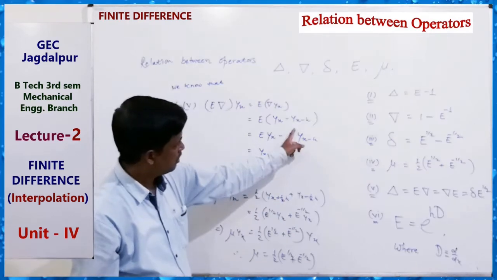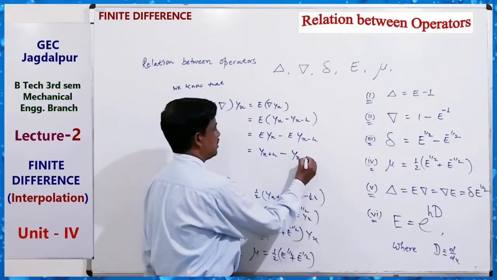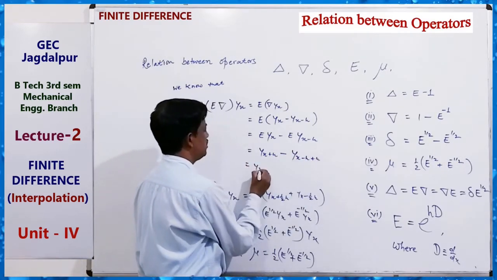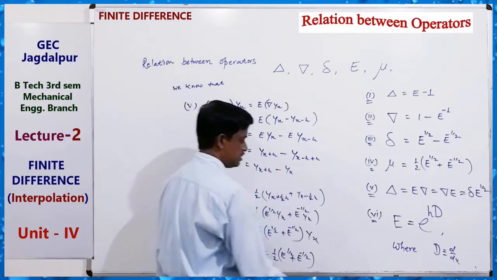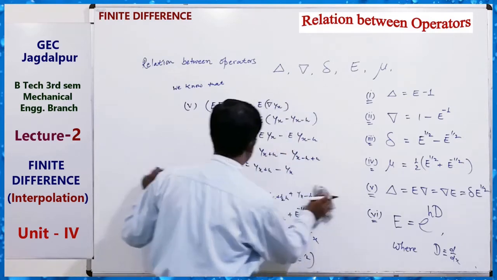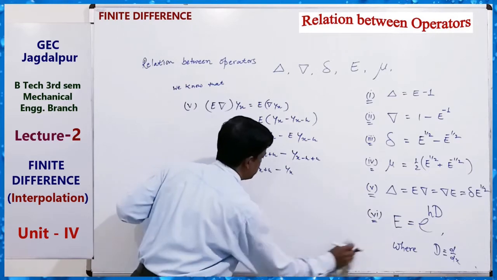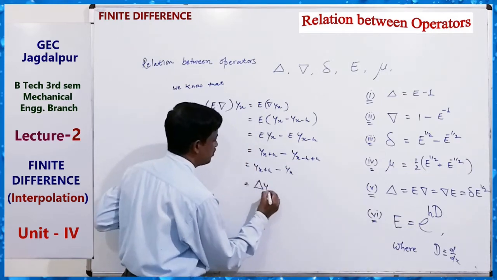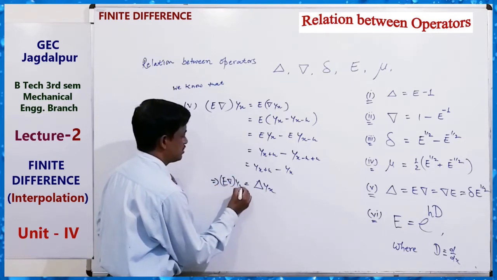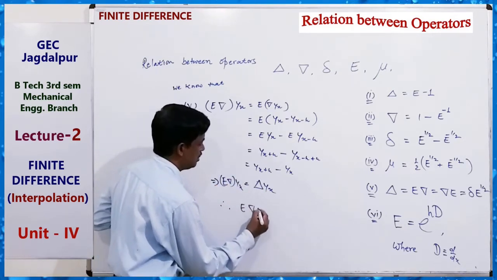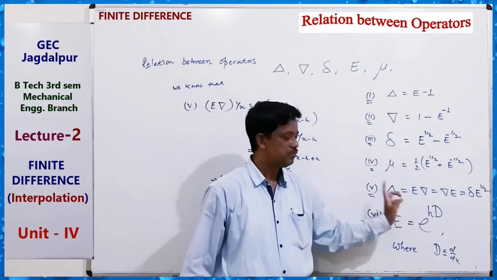Here E power 1 means one time add h. So y(x minus h plus h), so we get y(x plus h) minus yx. This is the forward difference of yx. Therefore E backward Δ is equivalent to forward Δ.